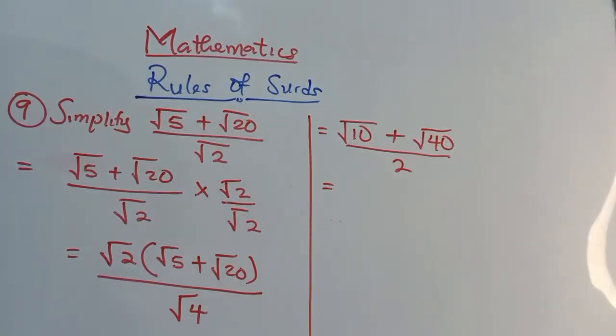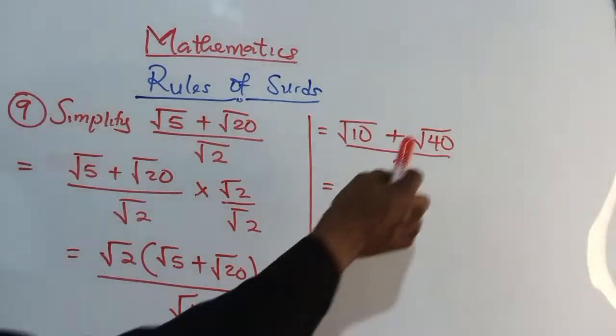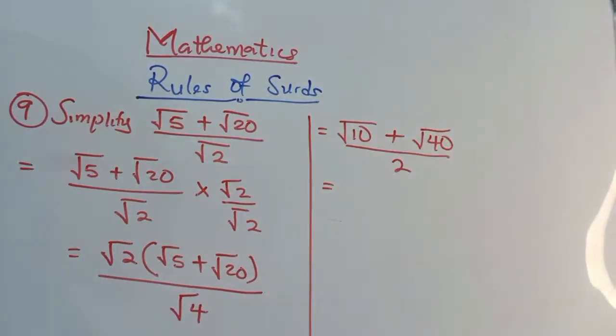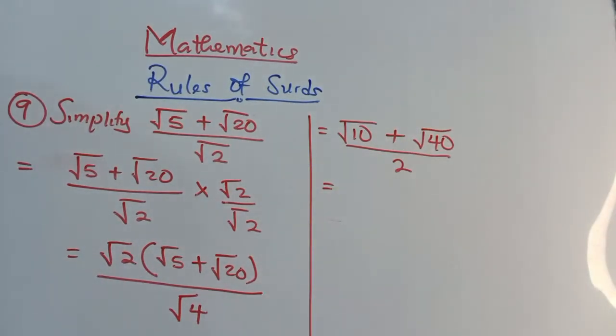All right, so the next one is we can write out the factors of 40 and make sure that one of the factors is a perfect square number. And then the best we can have is 4 times 10. 4 times 10 will give us 40. And then you know that 4 is a perfect square number.